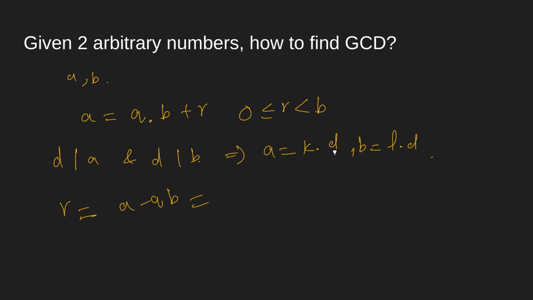If we substitute these here, we can take d as common. We can write d times (k minus q times l). So k is an integer, q is an integer, l is an integer, d is also an integer. So r is written as a product of d times some other integer, which means, from this, we can conclude d divides r.